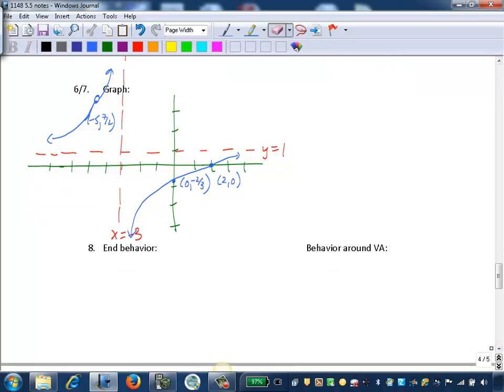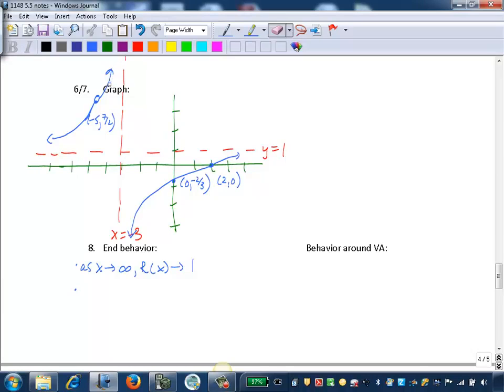Now we have our graph, so we can describe the end behavior of this function. So as I trace to the right, as my x gets larger and larger on the right end of the graph, my function is flattening out. It's approaching a y value of 1. That's because of that horizontal asymptote. So we can say, as x approaches positive infinity, r of x is approaching 1.